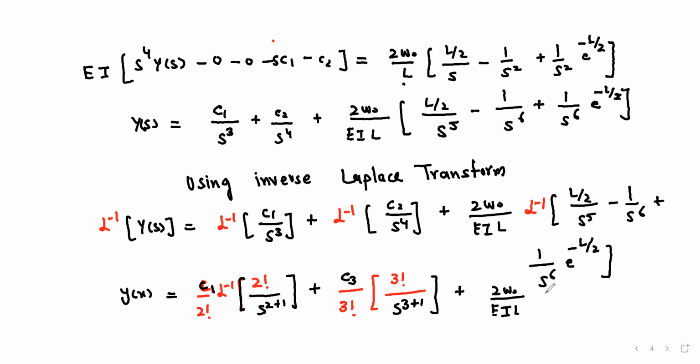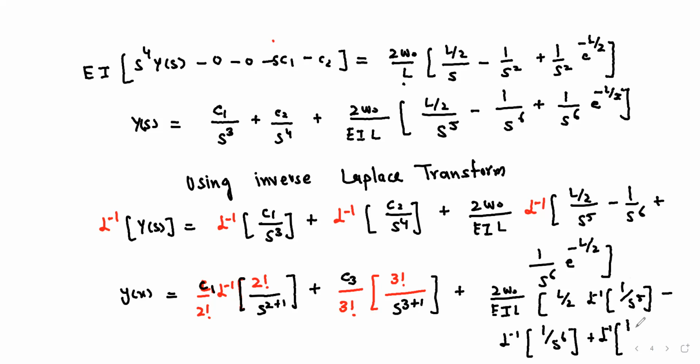So we will apply the inverse Laplace on L by 2, inverse Laplace on 1 over s raised to power 5, minus inverse Laplace on 1 over s raised to power 6, and then plus inverse Laplace on 1 over s raised to power 5, e raised to power minus L by 2. Okay, students, we will apply the inverse Laplace individually.